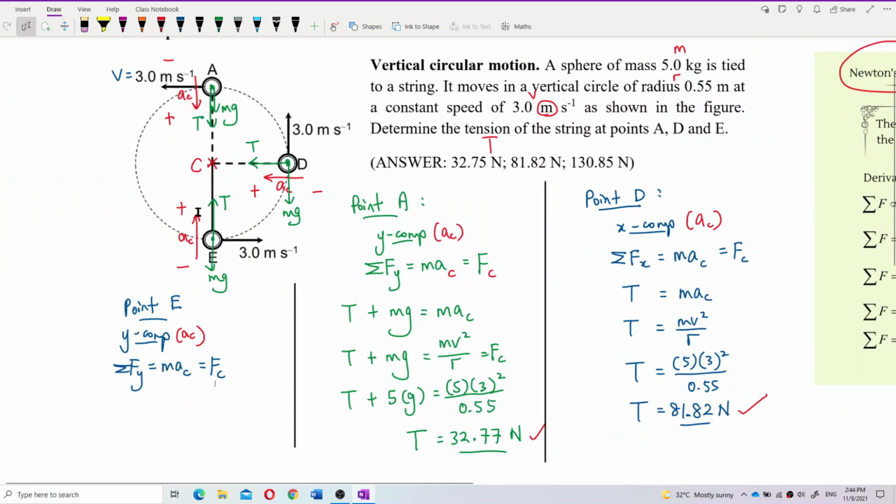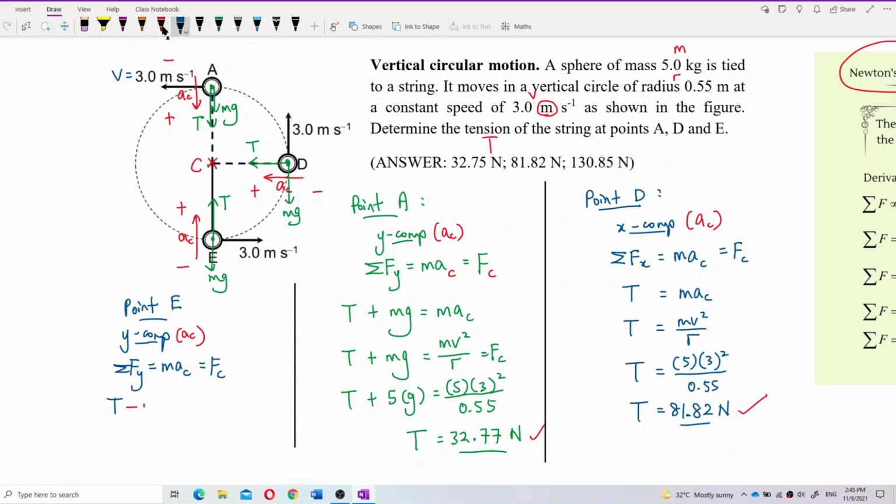So which force follows acceleration? Tension, because acceleration is going up, tension is also going up, so tension is positive. How about mg? mg is downward, opposite the acceleration, which is upward. So it's negative.